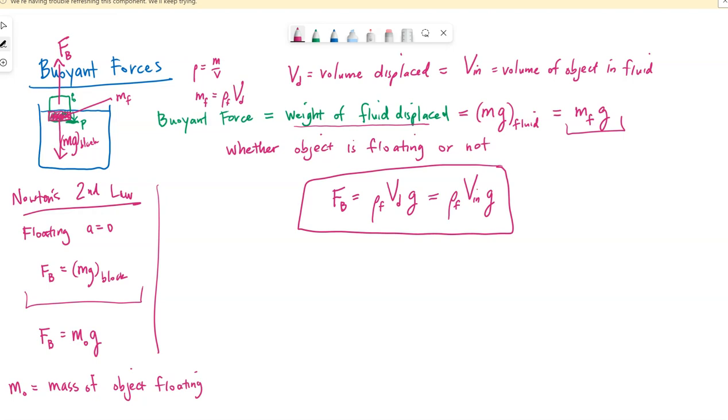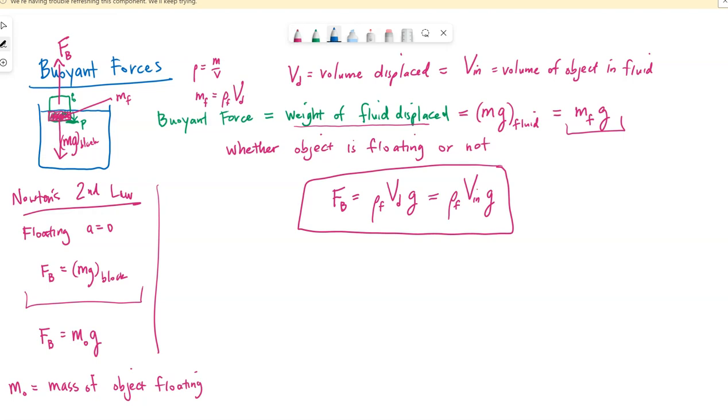That's what I mean by V_in. My whole block is not physically in the fluid, it's only a portion of it. And that's what I mean by V_in, the V that's actually in the water.